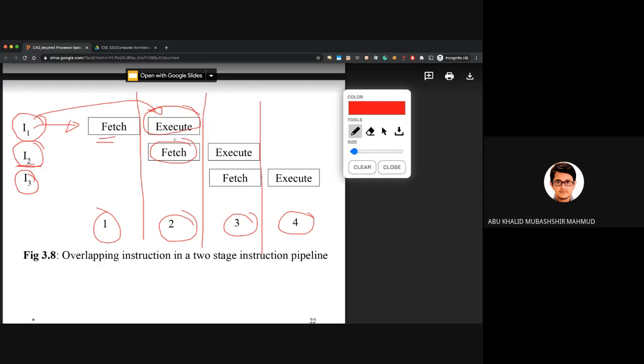So this is a two-stage pipeline: it has performed the fetch task earlier for the previous instruction, and while that instruction is being executed, we fetch the next instruction. When we execute I2, we fetch the next instruction, I3, and so on. So this is the overlapping of instructions in a two-stage instruction pipeline.